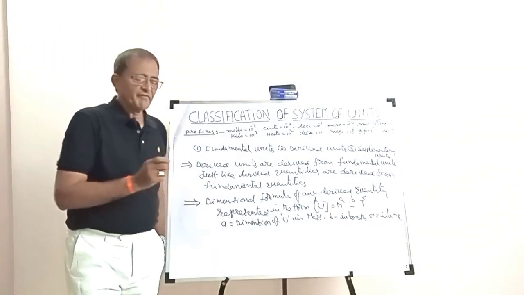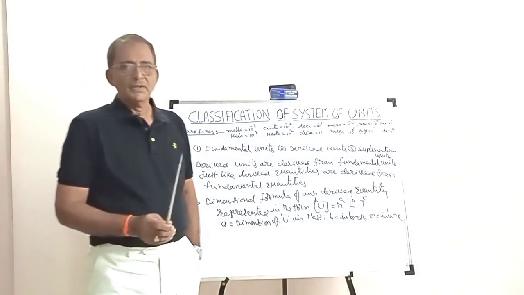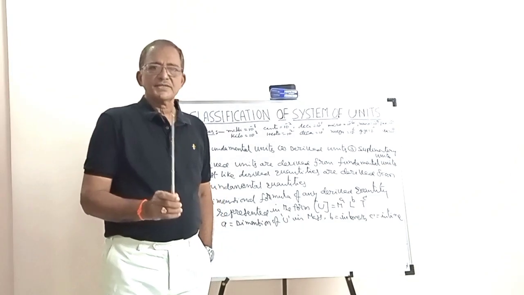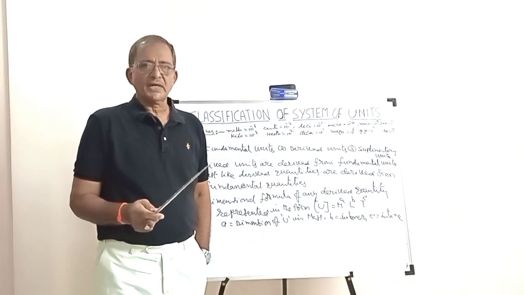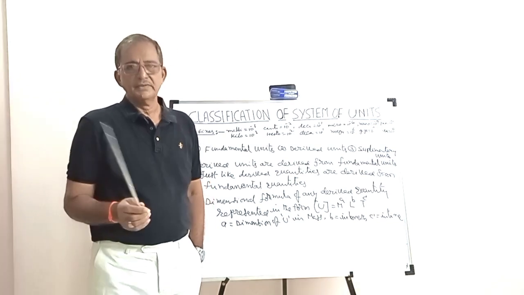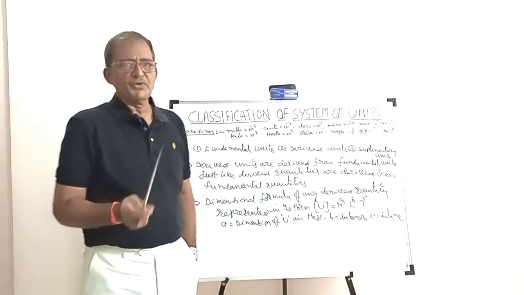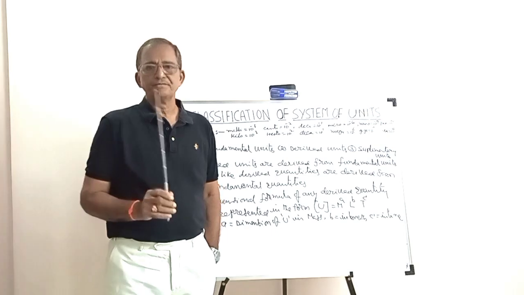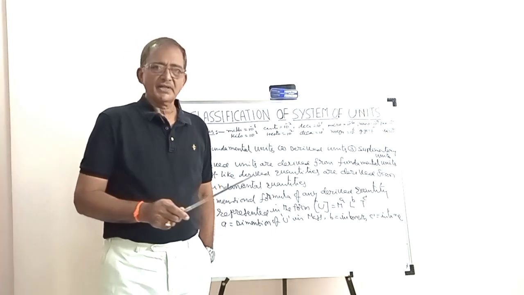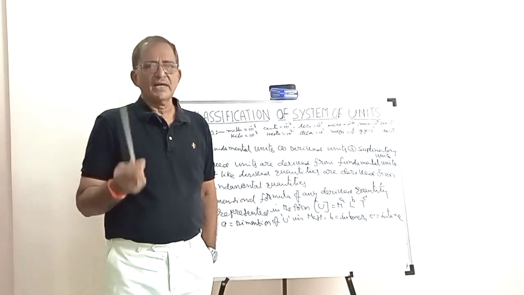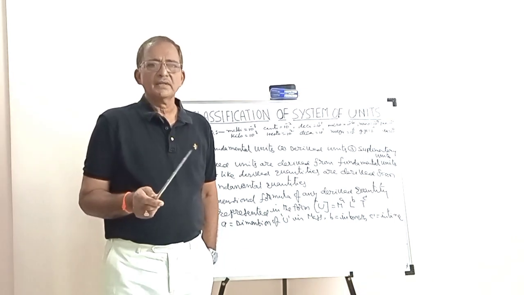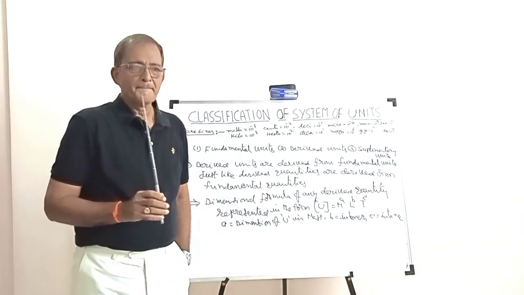And every physical quantity possesses only one systematic unit, and all the other units come under practical units. For example, the SI unit of length is meter only, but millimeter, centimeter, kilometer, and any other unit come under practical units.